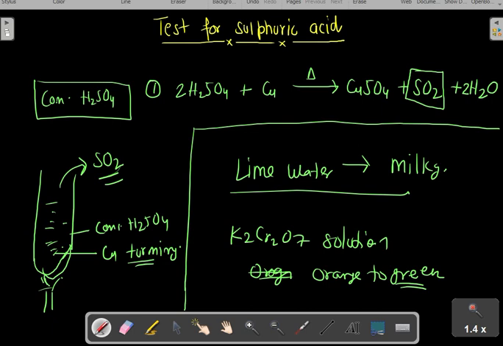Now coming to the second test for the concentrated sulfuric acid. Let me erase this firstly. Now for the second test for the concentrated sulfuric acid, you will take sodium chloride NaCl and heat with the H2SO4.